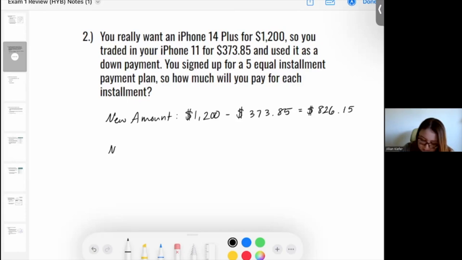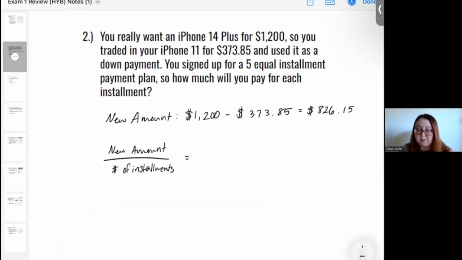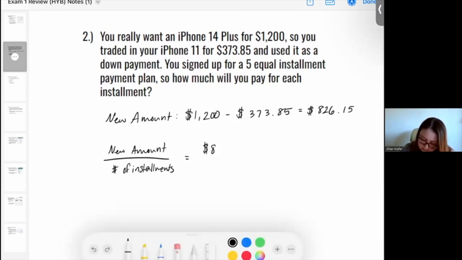So I'll take my new amount and I'll divide by the number of installments. So my new amount, which we said was $826.15, and I divide by my number of installments, which we said was 5 equal installments.